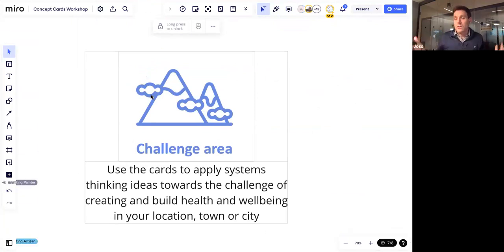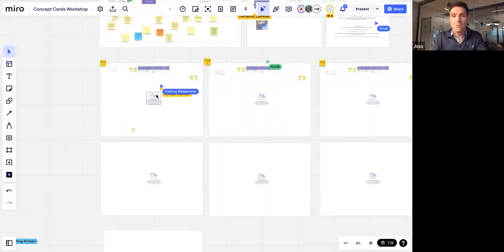Obviously the challenge could be anything. This is about addressing wicked, complex challenges. So we talked circular economy in the offline workshop we did. We're taking here health and well-being in cities. It could be any sort of complex challenge. Obviously it doesn't want to be a simple challenge. Building a bridge or something like this wouldn't really make sense. You need to take a systemic, complex challenge, and then it will make sense.